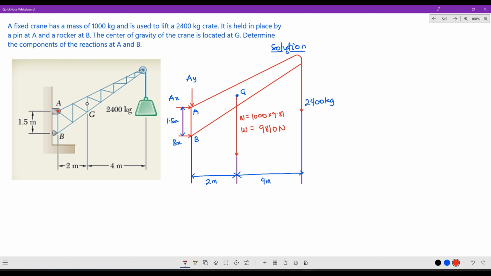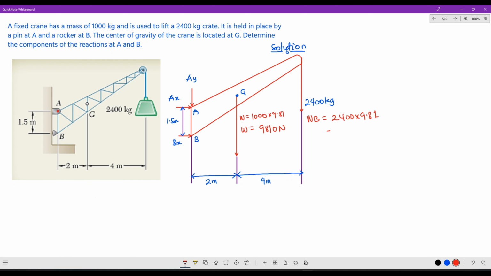And then you have another weight here, which is 2500 kilograms. Let's name this WB, weight of block. That should be equal to 2500 times 9.81.